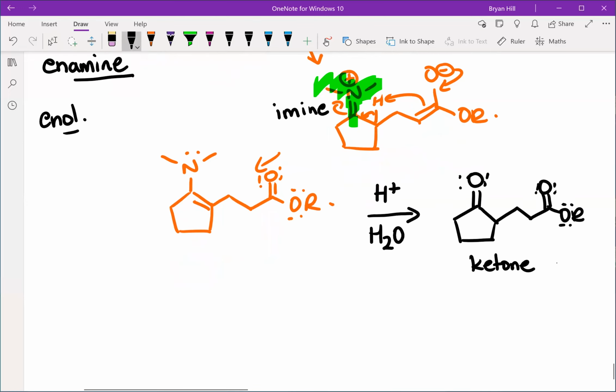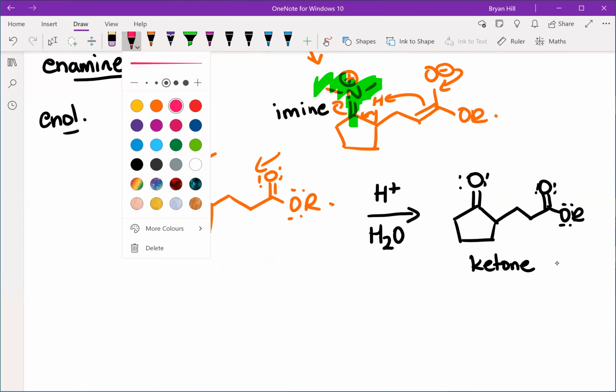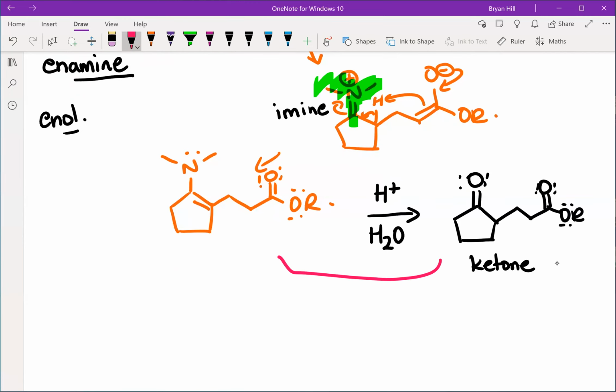If we want to go in this direction, we would use a secondary amine and moderate the pH, like the system. So the pH is around 5. You need a slightly acidic system, and that's going to take a ketone or technically an aldehyde to the enamine.